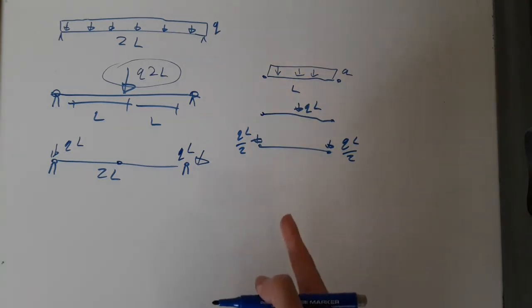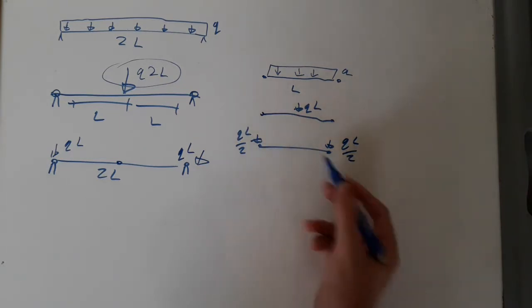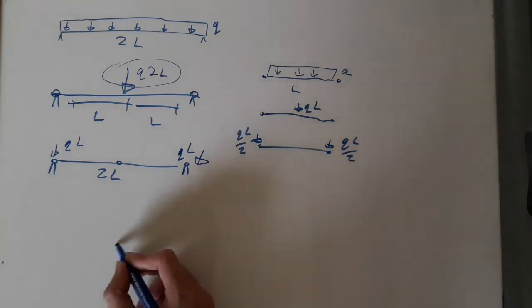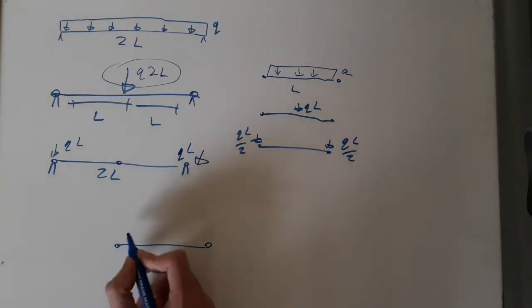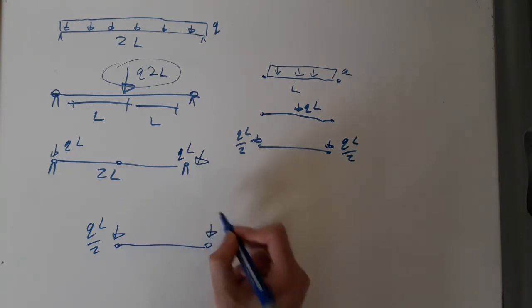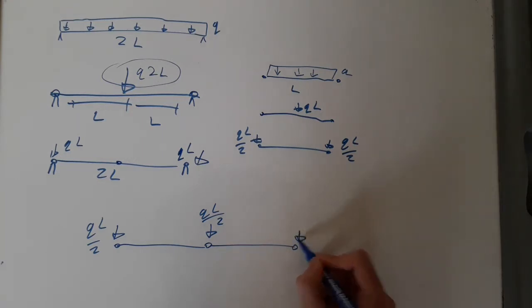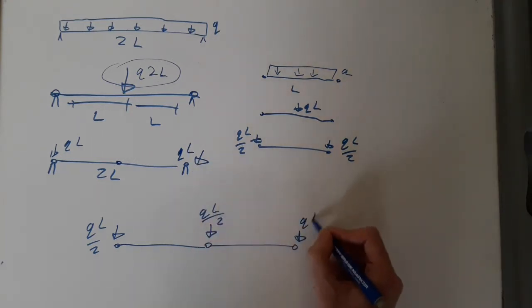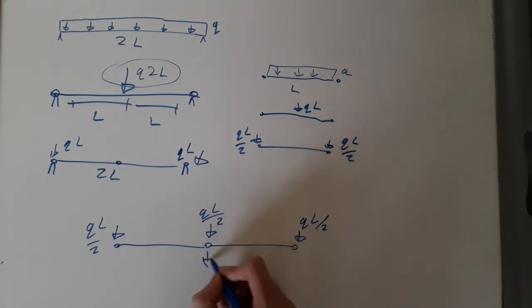Because there are two elements, and because they're the same length, they would have the exact same distribution like this. When we combine them together, let's say this is the one on the left, this would be QL over 2, and this would also be QL over 2. Then you'd have the other element here, which has QL over 2 at one end and another QL over 2 at the other.